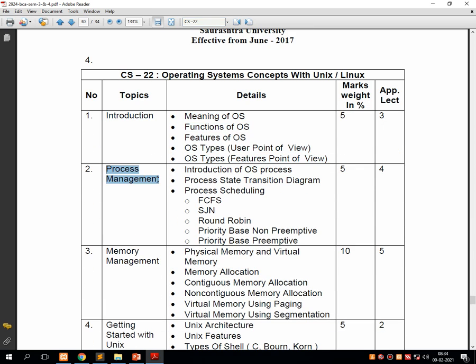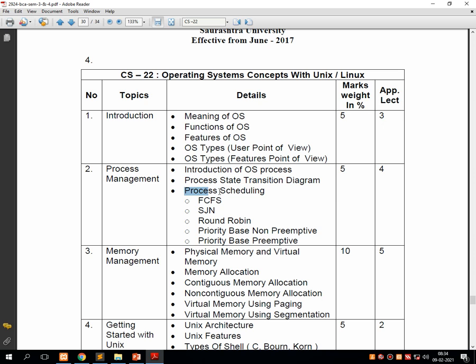This is unit number 2, as mentioned, process management. First we discussed the operating system and various types of operating system processes. Then we went to the process state transition diagram, that is the process state diagram.